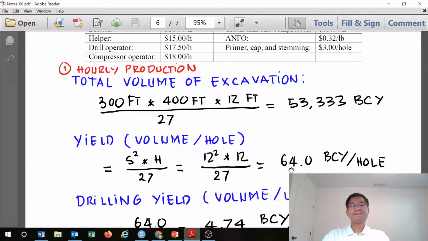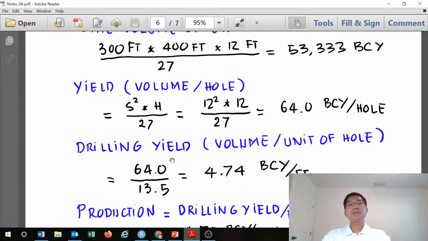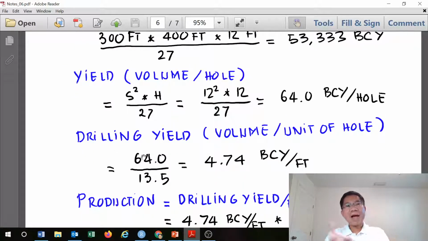So each hole potentially yields 64 bank cubic yards of rock. And then also in problem 2, we learned how to determine the volume per unit of hole, the linear foot of hole. So for the drilling yield, that is 64 divided by the depth of the actual drilling, not the effective depth of the excavation.